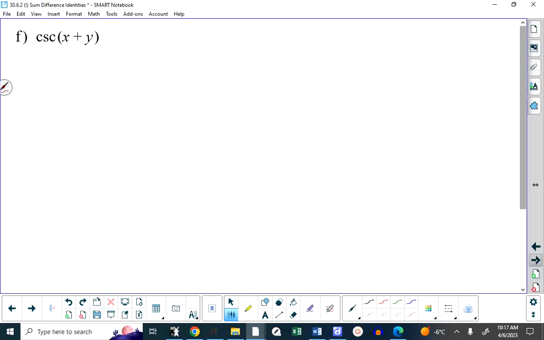Similarly, I think in question A, didn't we find the sine of x plus y? Okay. Well, this is the reciprocal. I'm just going to write this a different way. It's the reciprocal of sine of x plus y.